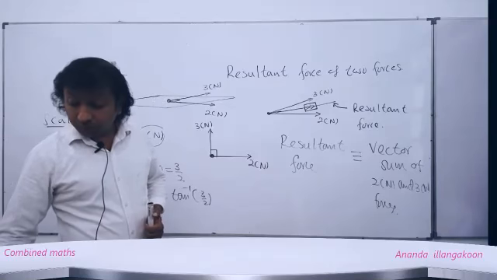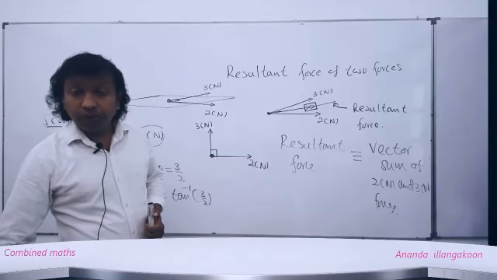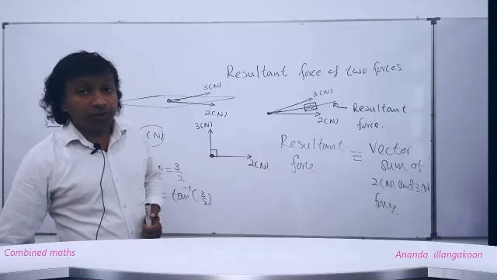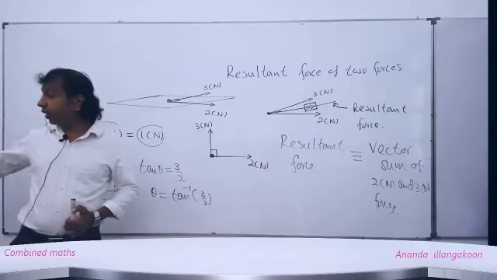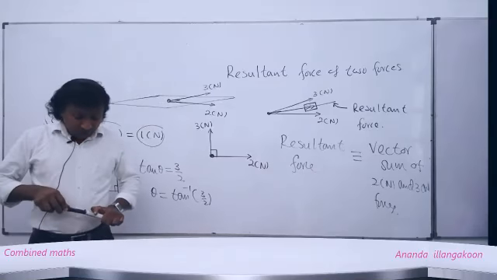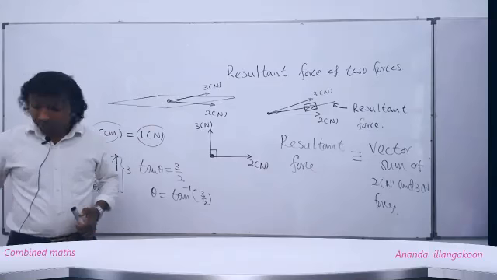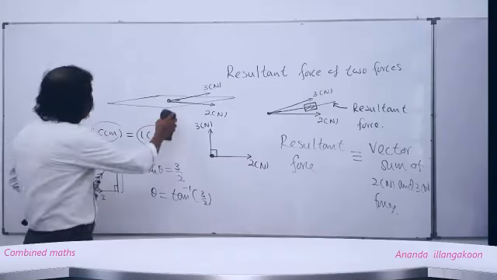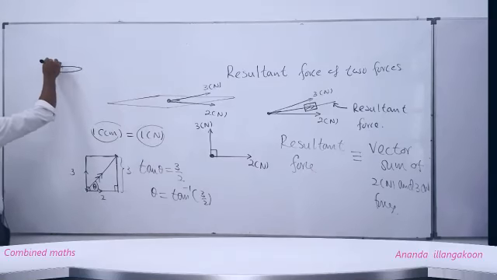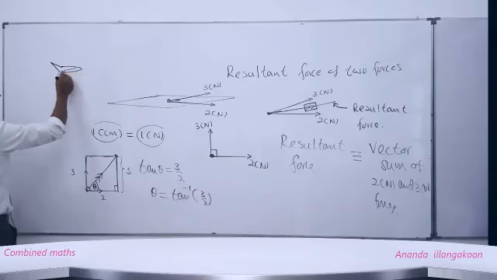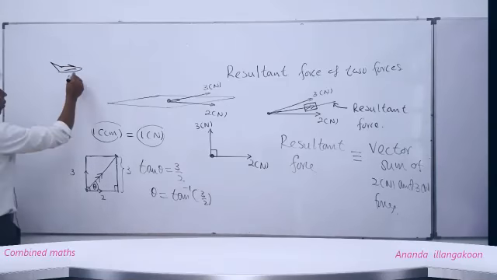Now suppose when an aeroplane flies, we discussed this also under our relative velocity lesson. When the aeroplane is flying in the air this way, it will have a velocity along its body.